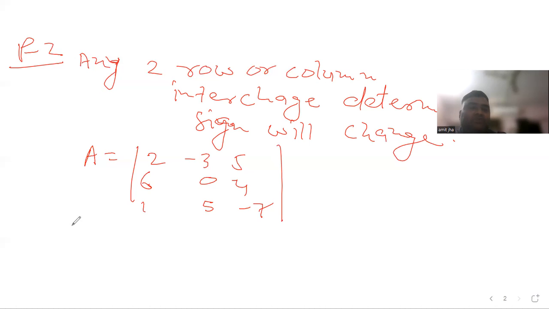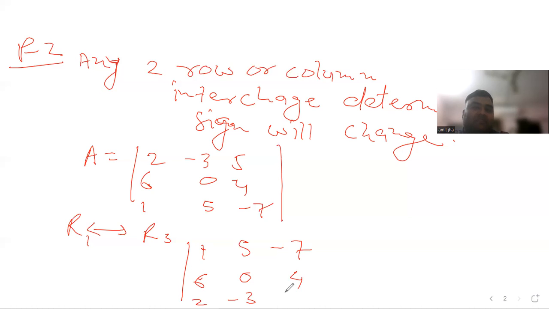Let's say I'm changing my row, shifting from R1 to R3, interchanging the rows completely. The first is the original one, and if I change it, it will be 1, 5, minus 7. The second row won't be affected, so 6, 0, 4. And then the third row will be 2, minus 3, 5.